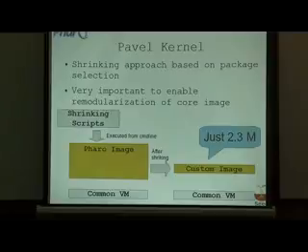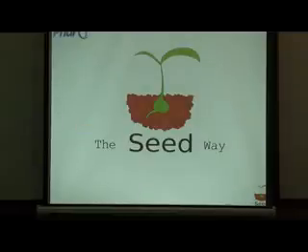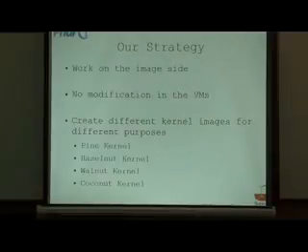So I think that these are all the projects we reviewed, and that we considered when defining our strategy to create our new clean kernel. Our strategy, I didn't mention it before, but I think it's quite obvious, is working on the image size. We won't modify the VM. We will leave the VM modification to Elliot.